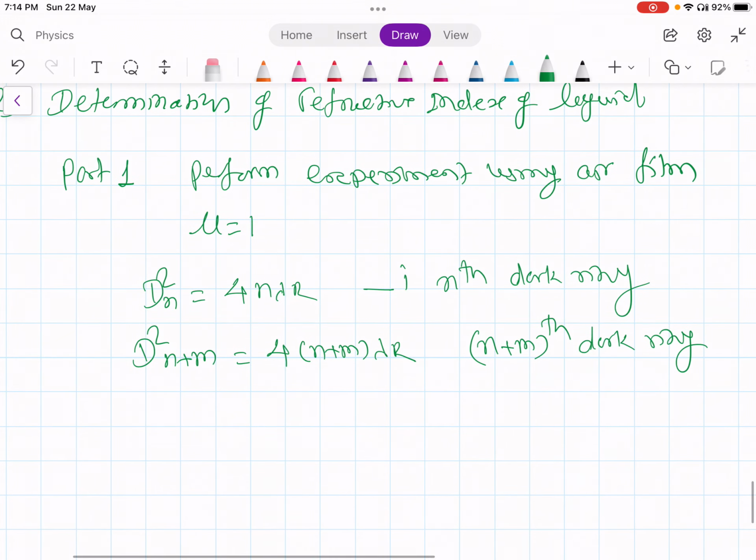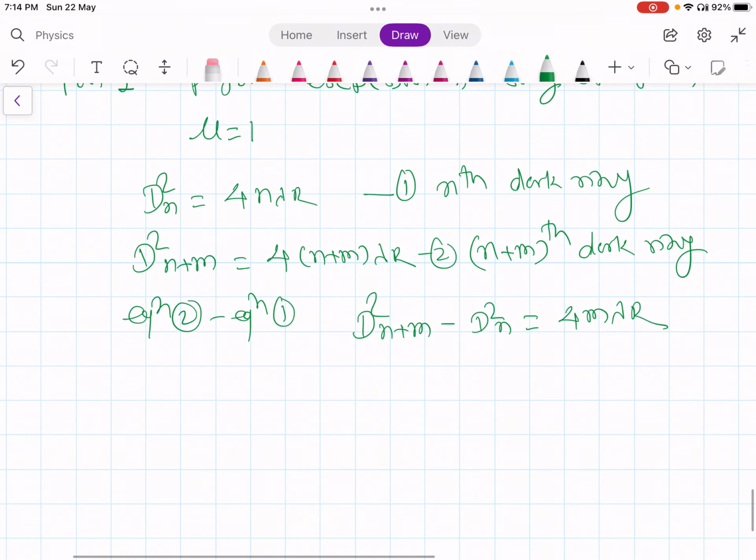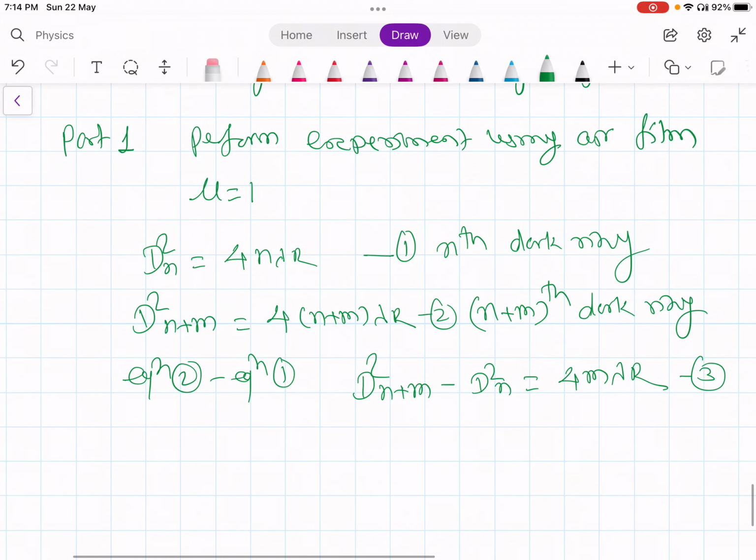So this is equation 1. Let's say this is equation 2. Then equation 2 minus equation 1 will give you diameter square of the n plus mth ring minus diameter square of the nth ring is equal to 4m lambda R. And this is our equation 3. So this is part 1 of the experiment.